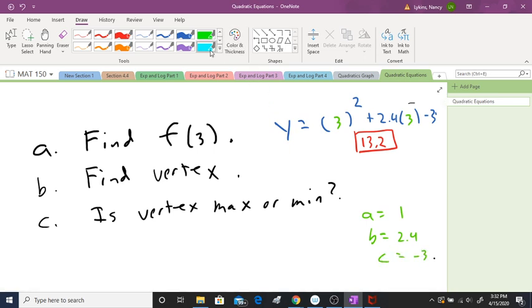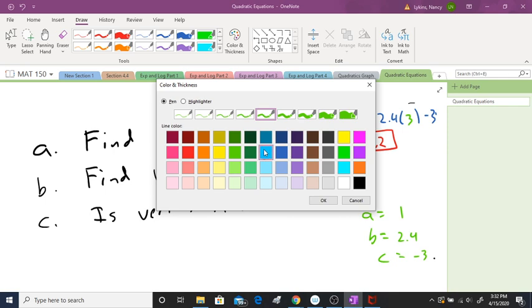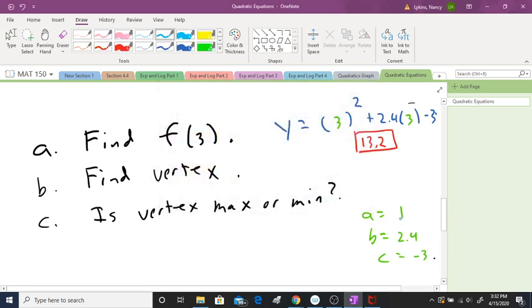Since A is positive, it's going to go upward. If it goes upward, our vertex is a minimum. We learned this from our lesson on graphing quadratics.